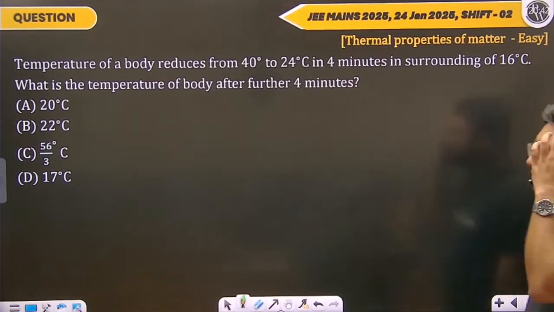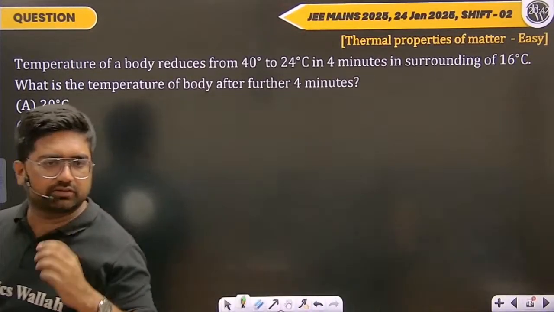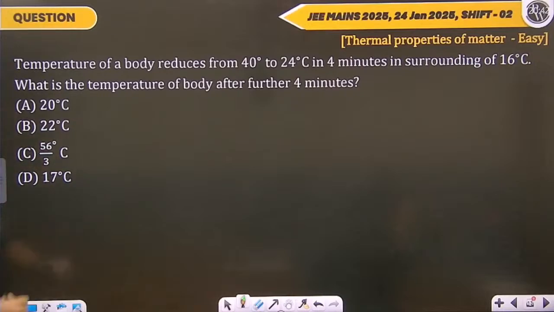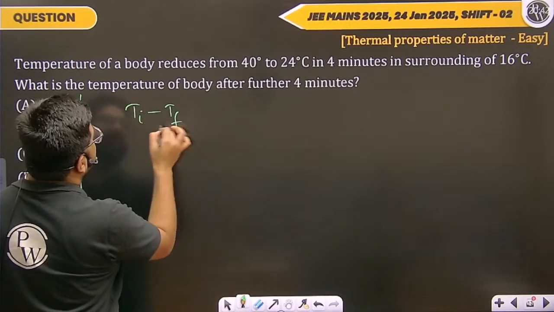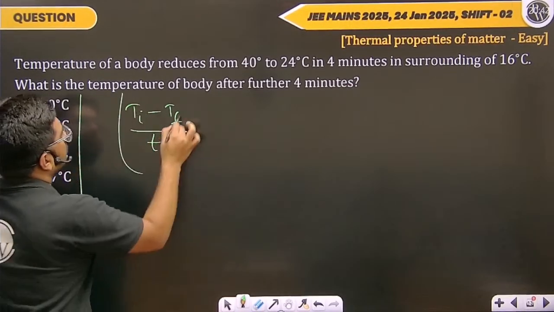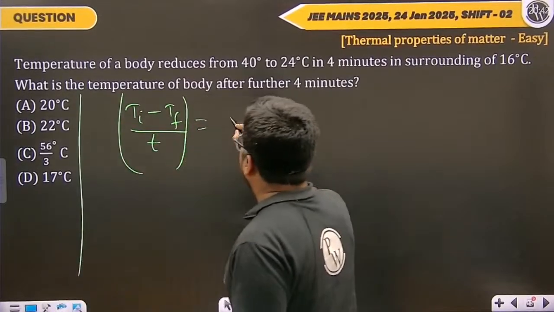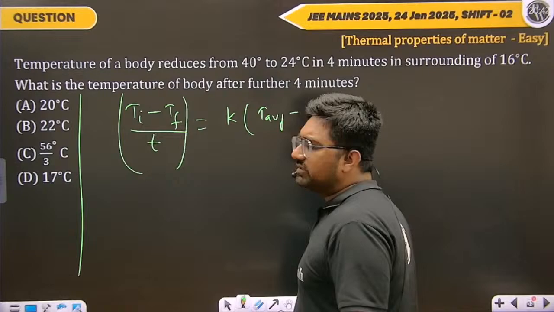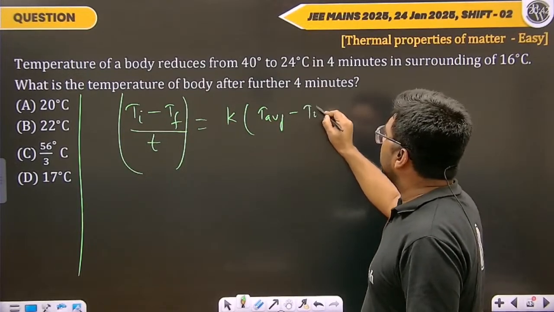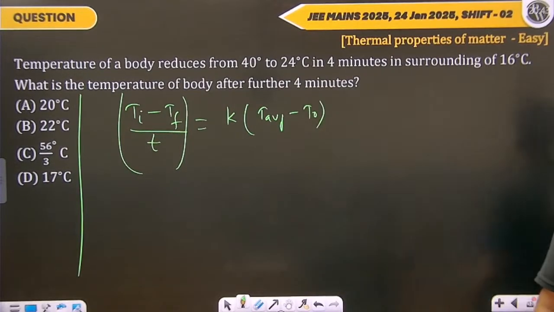Okay, this question is from Newton's law of cooling. We know that the approximate formula for Newton's law of cooling is Ti minus T final divided by time equals K times T average minus T naught, where T naught is environment temperature.